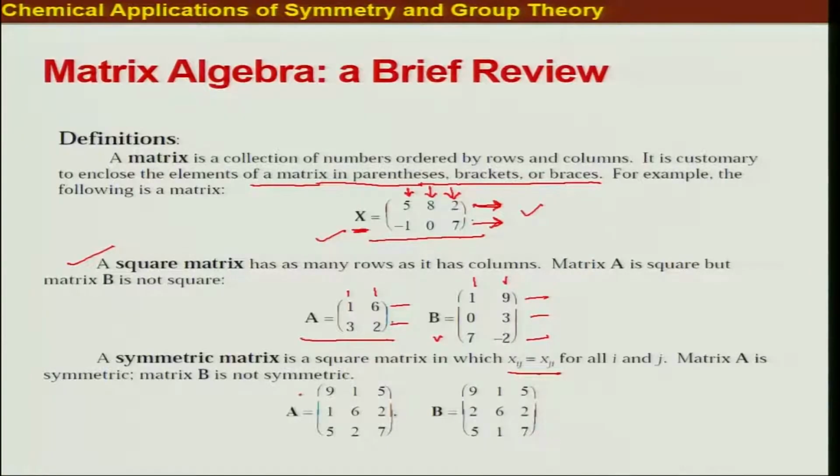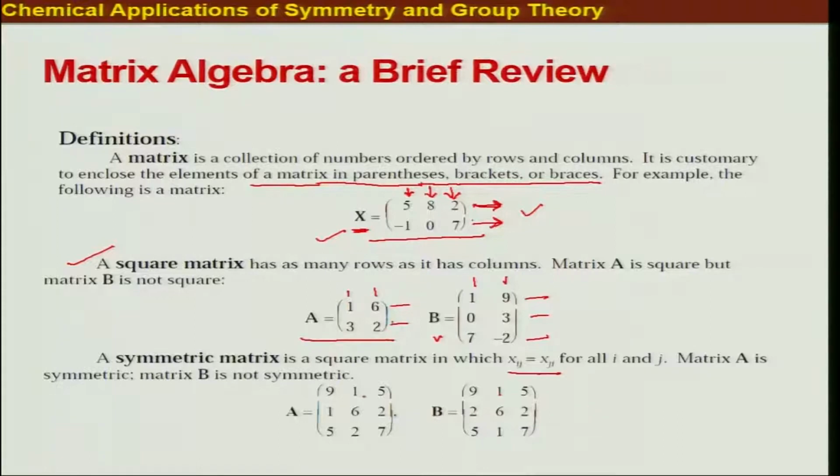Okay, so if you look at here, the element 1 1, corresponding to row 1 column 1, is 9, and the element corresponding to row 1 column 2 is 1. On the other hand, if you look at the matrix B, you will see that the element for row 2 column 1, which is just the opposite of the previous example, is the same.